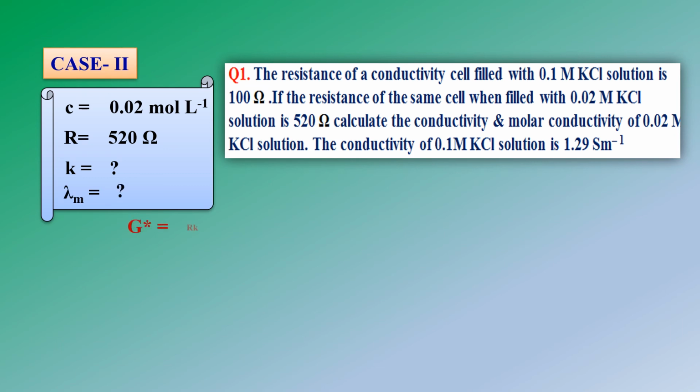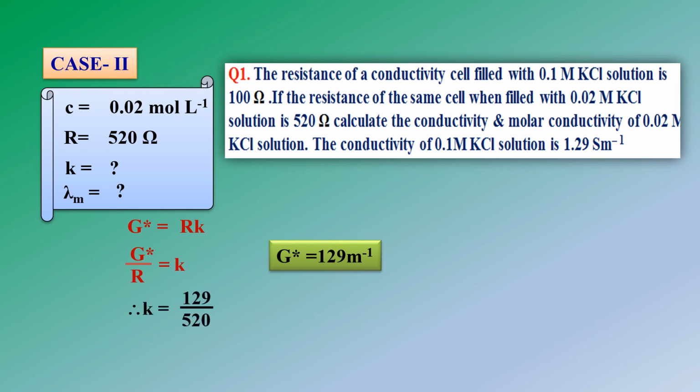So we know that G star is equal to R into K. So G star divided by R is equal to K. So G star is equal to 129 per meter. We have calculated in the first case. Therefore, K is equal to 129 divided by 520. G star is 129, R is 520. That is equal to 0.24 Siemens per meter.